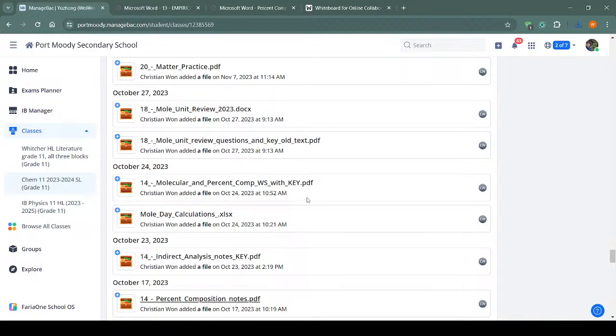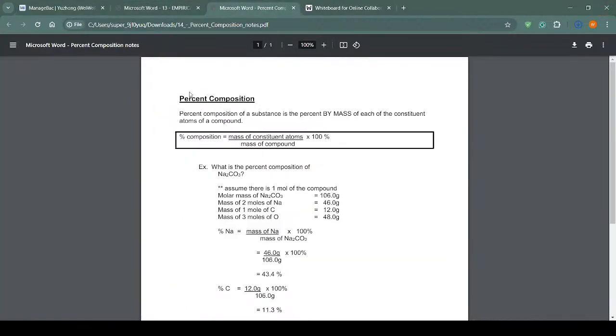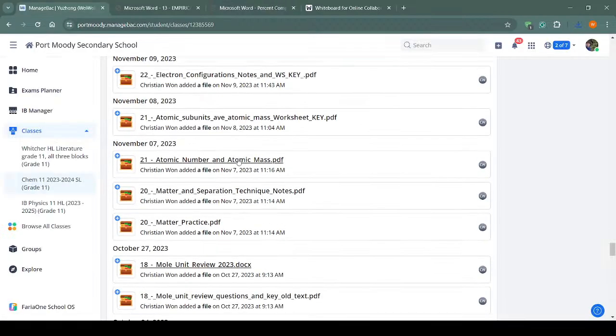Mole unit review. Atomic number and mass.